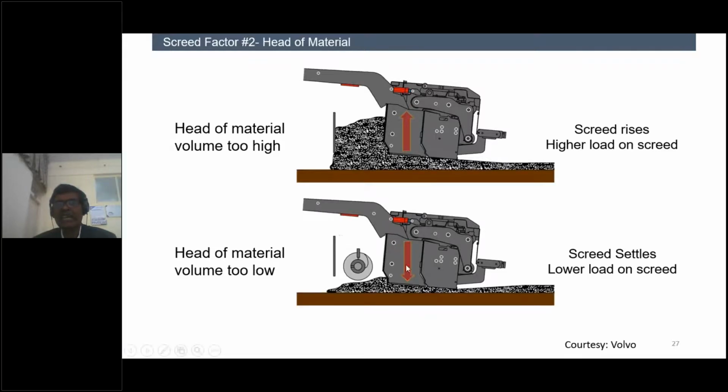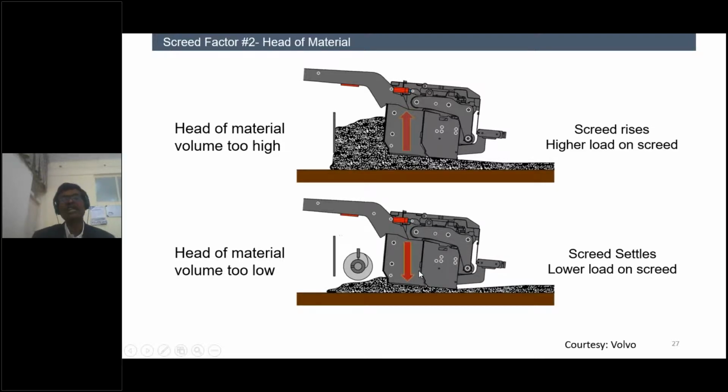And again, if the volume of material in front of the auger is less, up till here it was coming normal, and suddenly the head of material in front of the auger reduces and the screed settles, and the layer thickness becomes small, and the layer will not be as per our requirement. So maintaining a uniform head in front of the auger of the paver is very, very important.